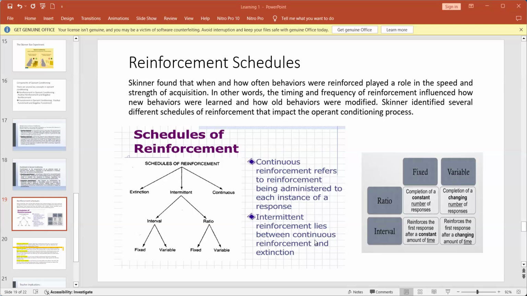If you take the continuous reinforcement schedule, each and every time the good behavior occurs or is performed, you are going to give them a reward. For example, the good habit of reading books.